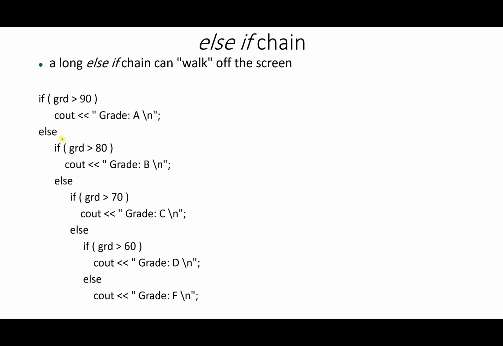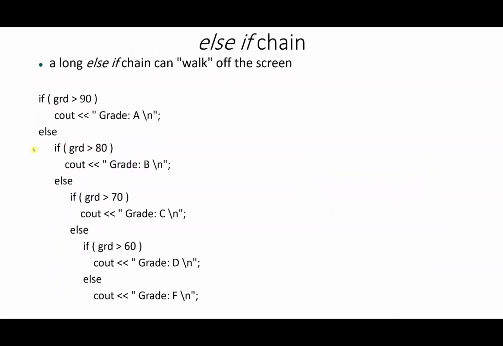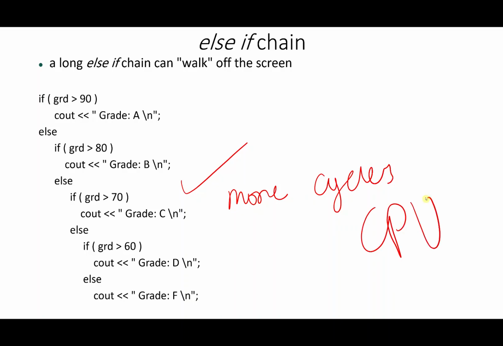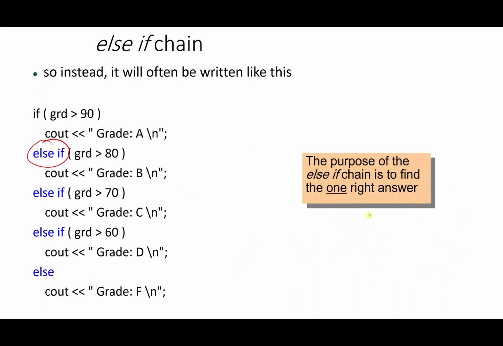Attaching else to the if in one line is exactly similar to this, but the other way will take more cycles from the CPU, which is what we call CPU overhead. So, elegantly put, this way is better than the other way.